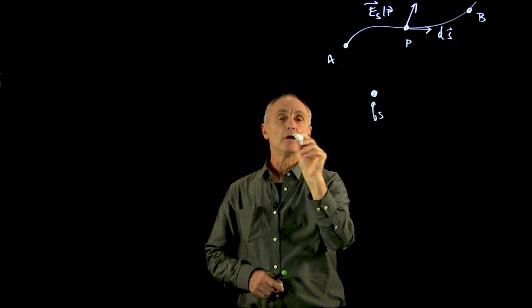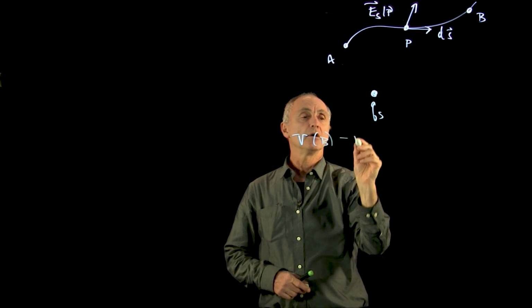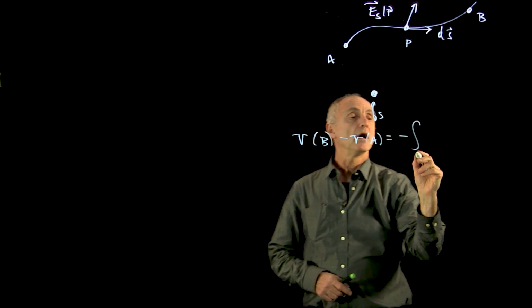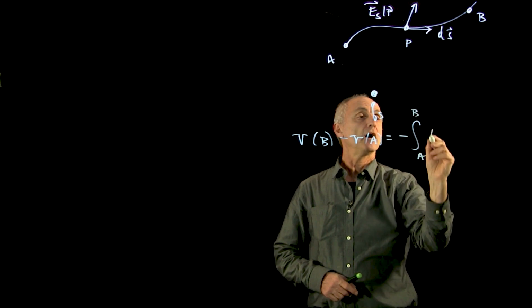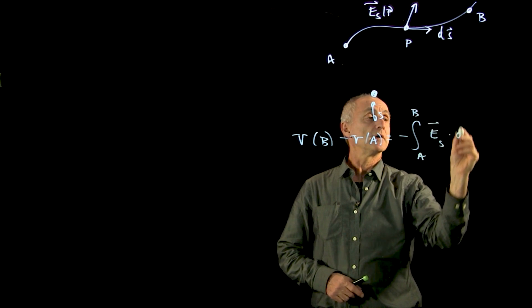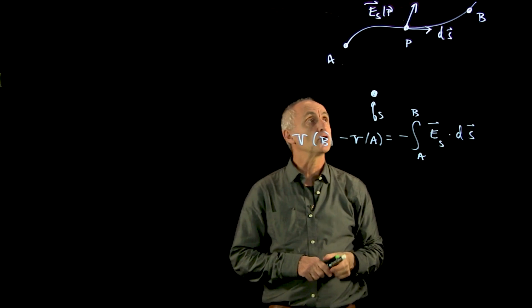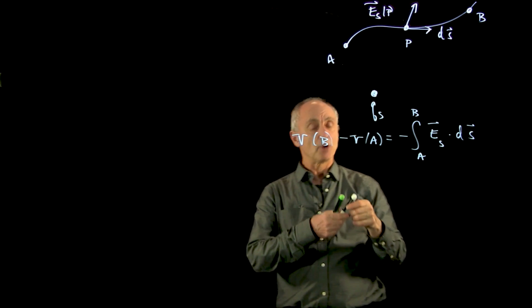And our definition for potential difference between these 2 points is equal to minus the integral from A to B of the electric field of this source dotted into ds. Now, once again, we want a good coordinate system that will match this problem.